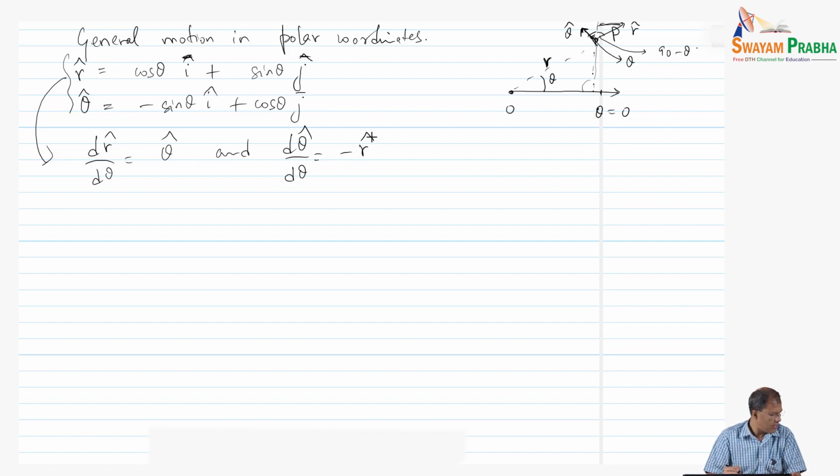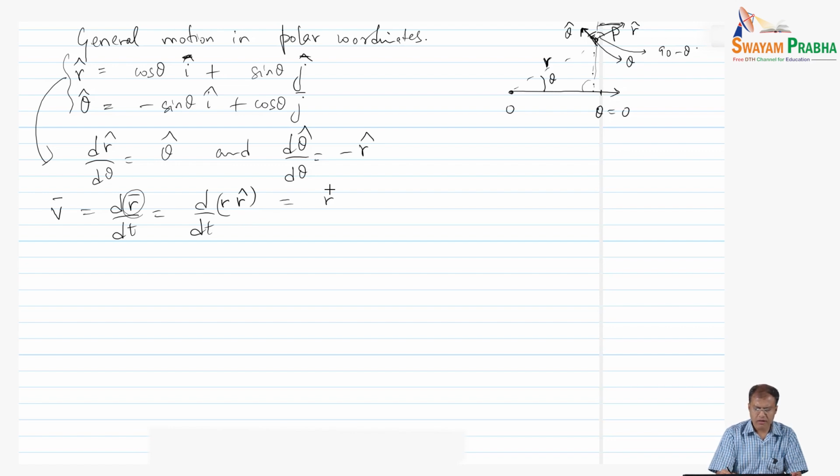So now let us start deriving the formula for velocity in arbitrary space. So v is given by dr dt, and this is d dt of r times r hat. So the position vector points along the radial direction, and now we need to differentiate using the product rule.